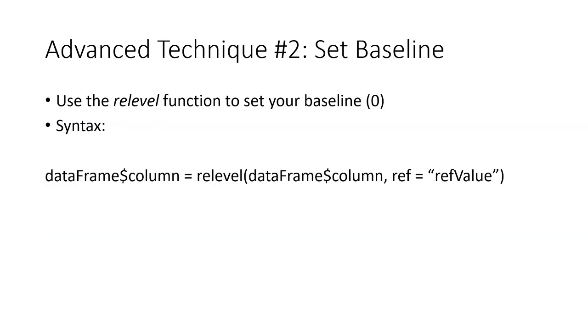We can use a function called relevel to reset our baseline. How do we do that? Well, we have to assign a value back into our data frame's column, but we use this function called relevel, where we specify the column that we want to reformat, and then we specify what our new reference value will be.